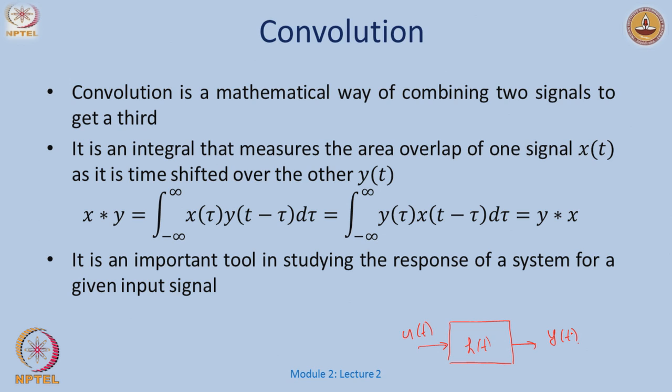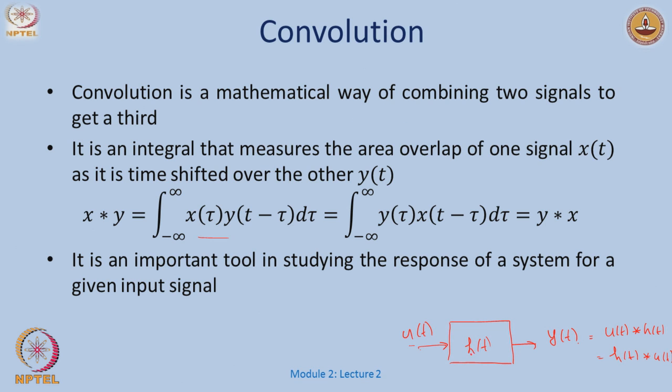This y of t is in some sense a combination of u of t and h of t, and in signals terms this is a convolution of u and h. The convolution is defined by this integral, and it is also commutative, h of t convolved with u of t. So, convolution is a mathematical way of combining two signals.